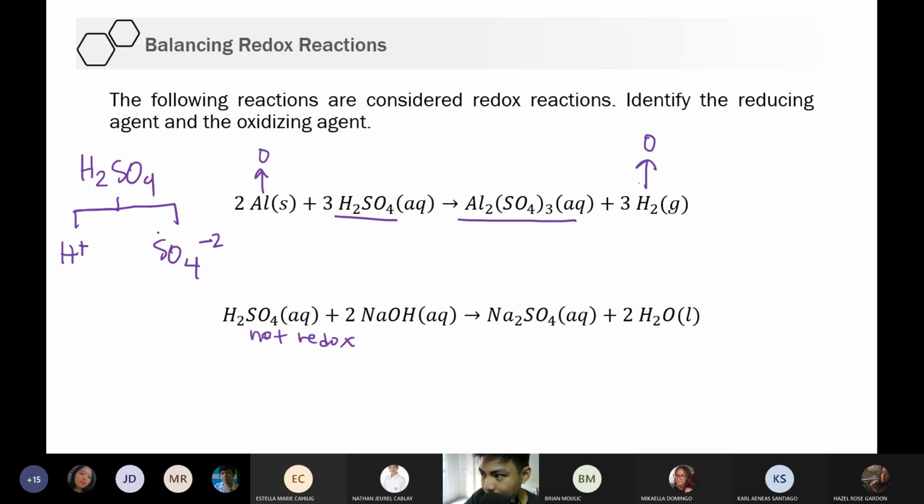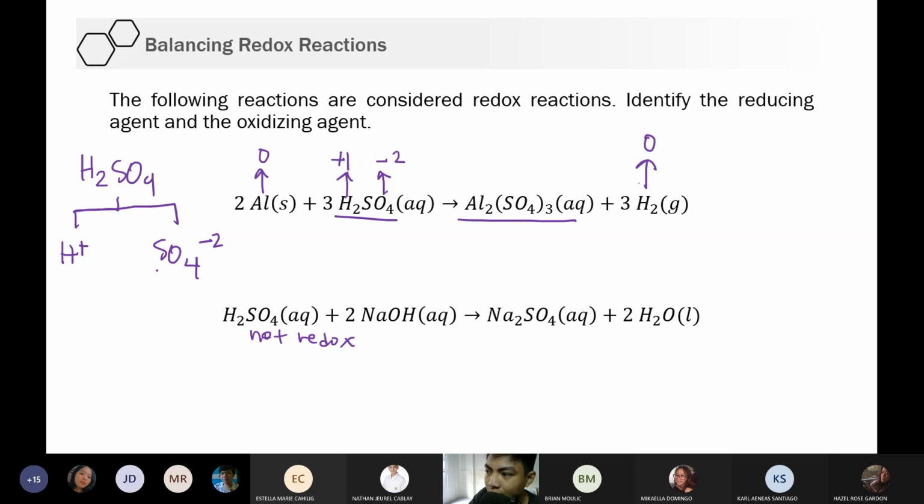Okay? So, always split your ionic compounds into cation and anion para mas mabilis nyo makita yung charges. So, yan. Kita natin, hydrogen is positive 1. Ngayon, ang problema na lang natin, sulfur and oxygen. So, of the two, sulfur and oxygen, sino yung masunurin sa batas? Oxygen, negative 2 yan. Okay?